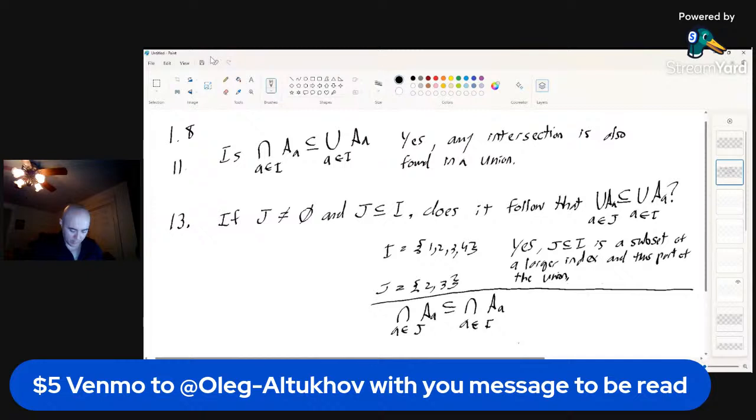is the intersection of the A sub A part of the intersection of A sub A? So in other words, the indices are subsets, like I said earlier, but are the sets also intersected?